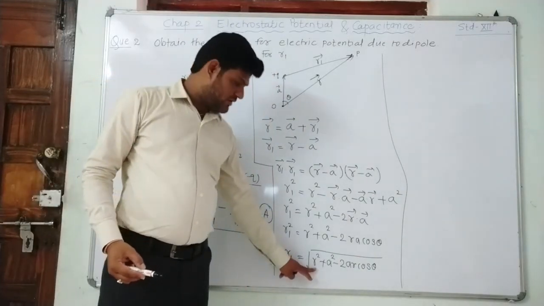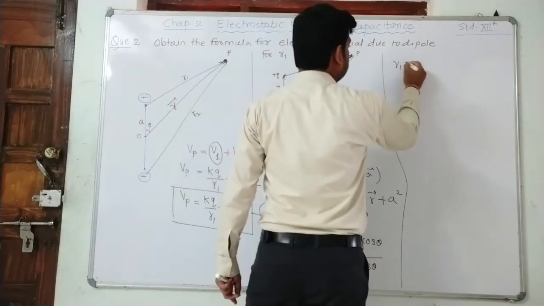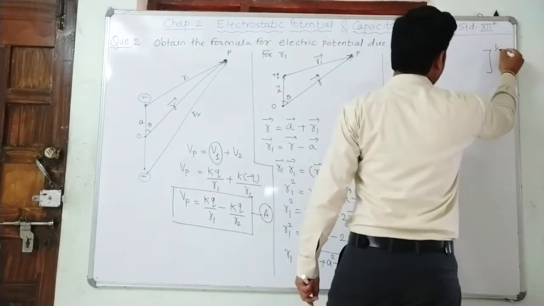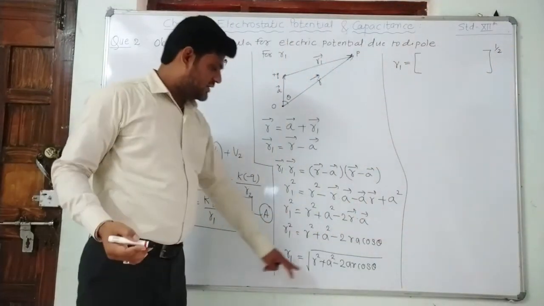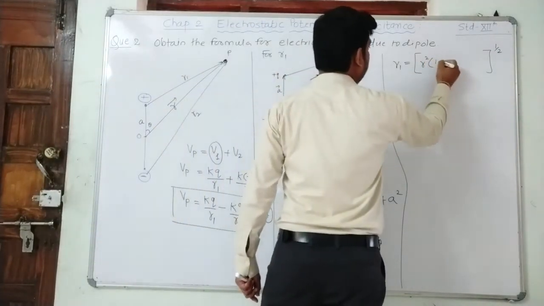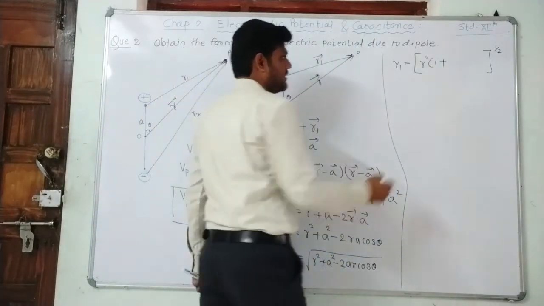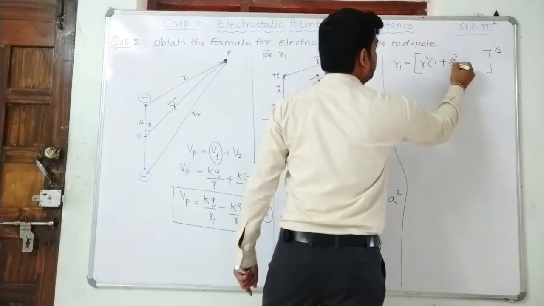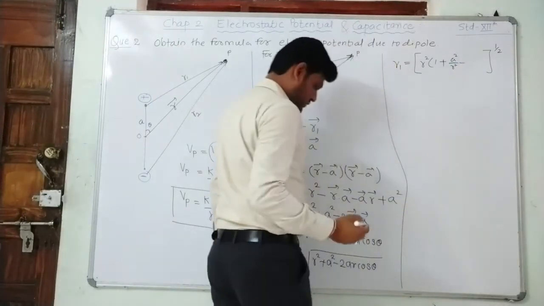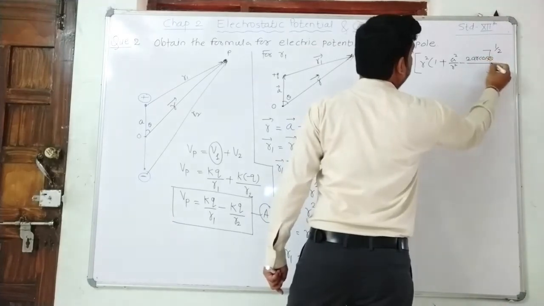Now taking r square common, so r1 equals under root, we will write raised to half. We are taking r square common, so 1 plus a square by r square minus 2 a r cos theta divided by r square.